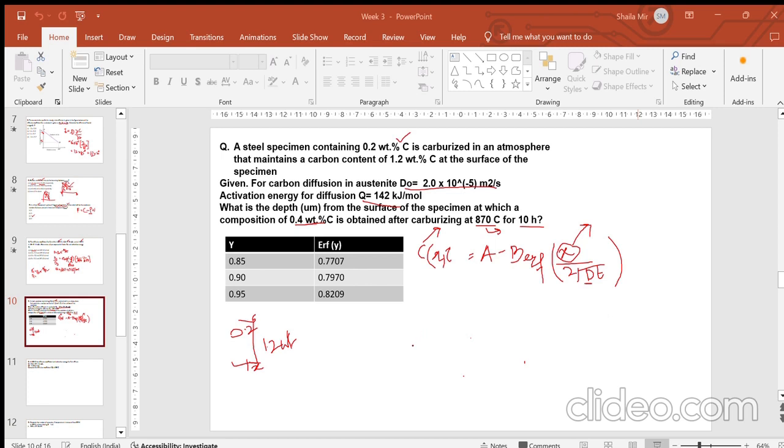It has nothing to do with the kinetics, because we are not discussing the kinetics here. We are discussing equilibrium diagrams, so we are not discussing the effect of time on the change in the phases or microstructure, so nothing to do with kinetics. It indicates the mechanical properties of an alloy at different temperatures. It represents the heat treatment process required to produce the alloy. So based on this also we know.